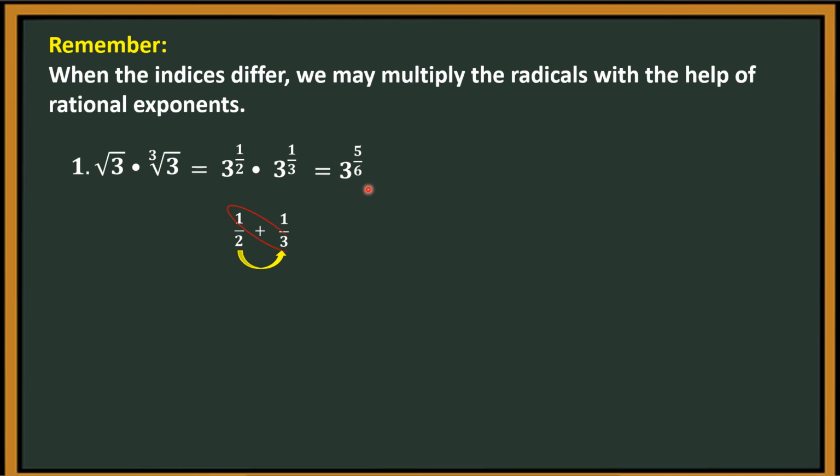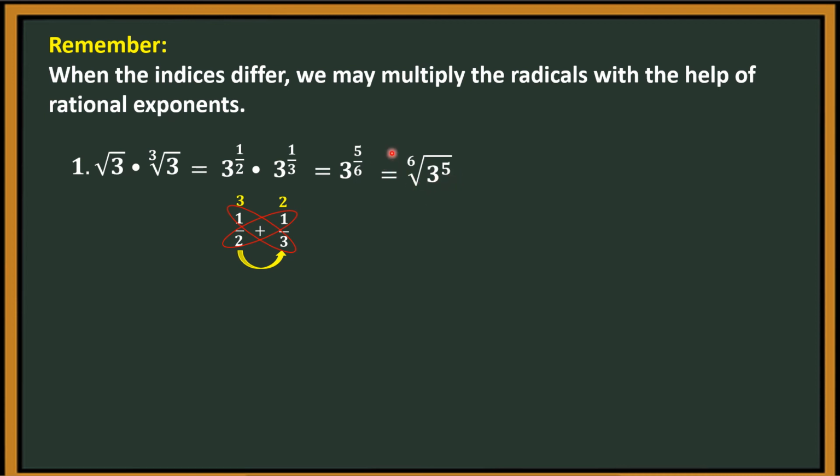And then, cross multiplication. So 1 times 3, the answer is 3. And then 1 times 2, the answer is 2. And then we're going to add the 2, the answer is 5. That is why we have here 5 over 6. And then this time, we're going to change that into radical. So that is 6 root of 3 raised to the 5th power.